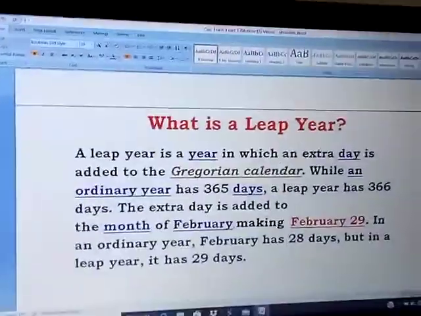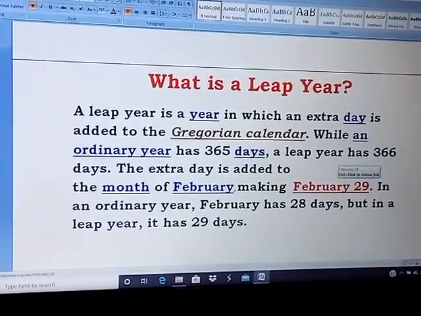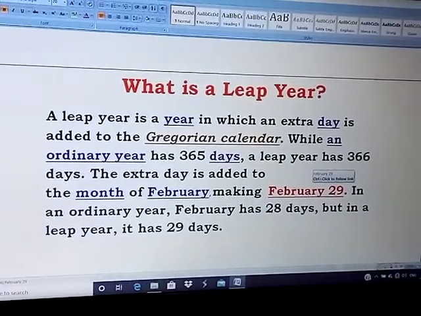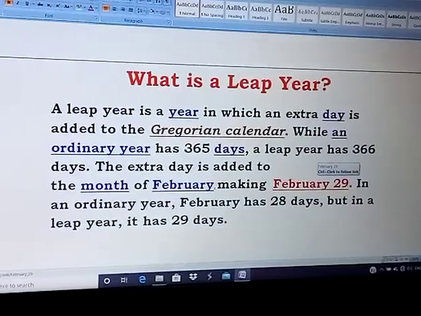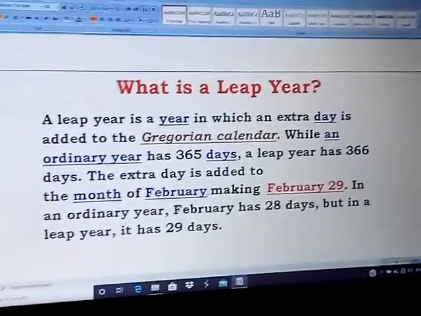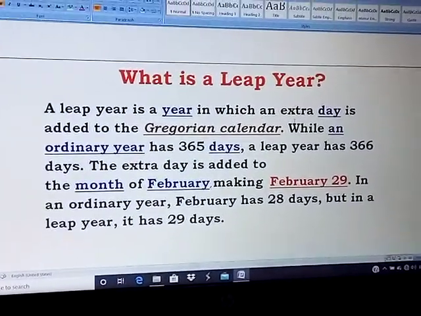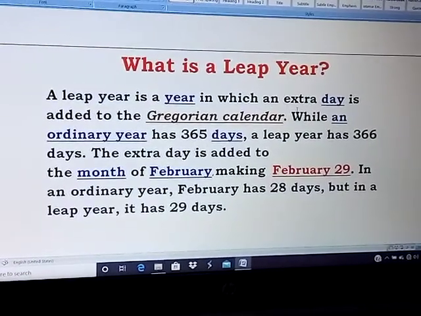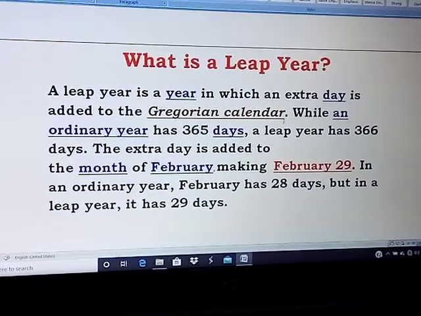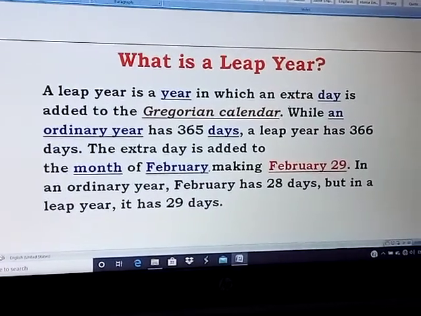Now in this context we have a topic called a leap year. What is a leap year? A leap year is a year in which an extra day is added to the Gregorian calendar. You know why this extra day is coming?